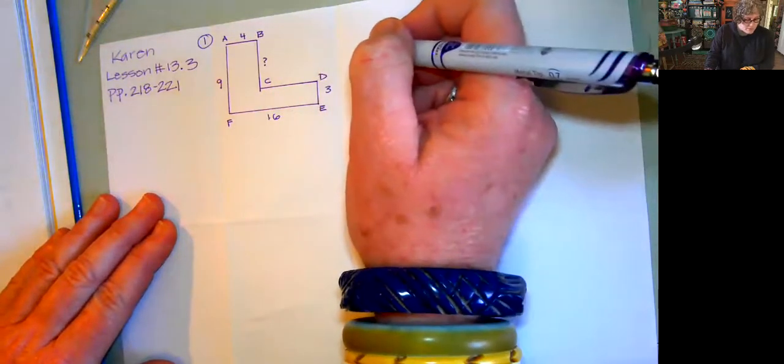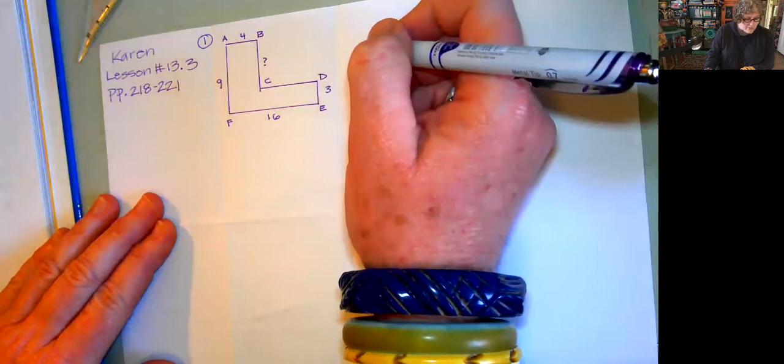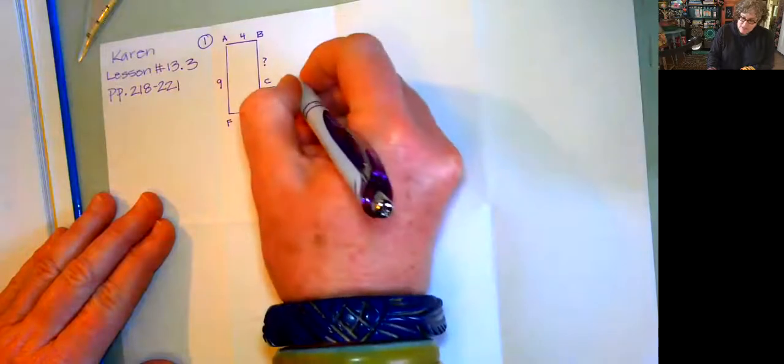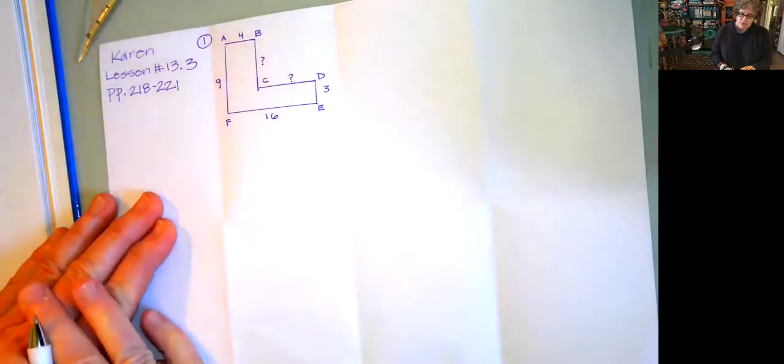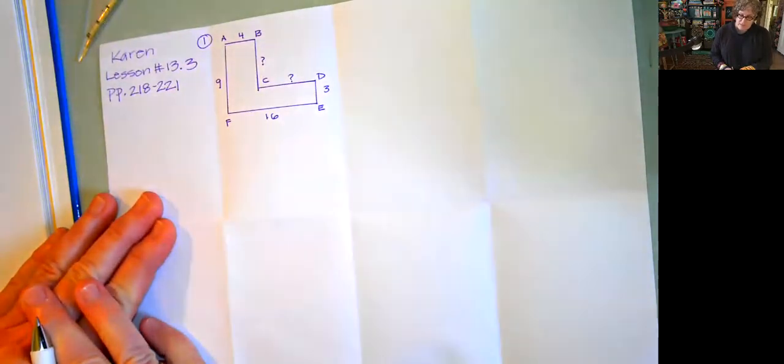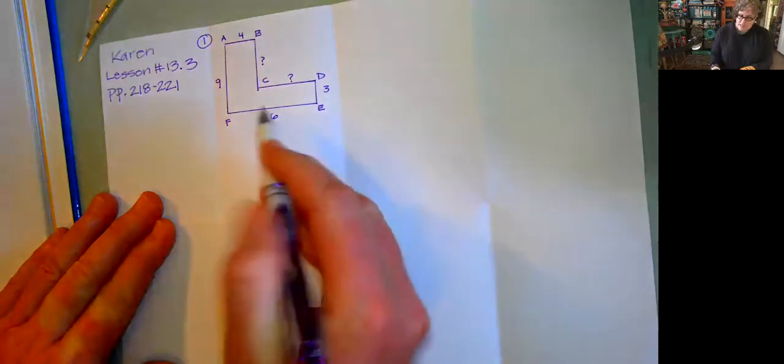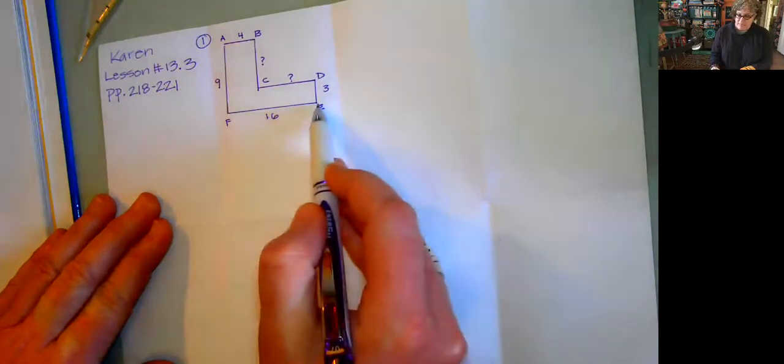And so one of the things that we kind of need to know is this length right here, because this is missing too. So one way we can do that is we can look at this total length is 16.